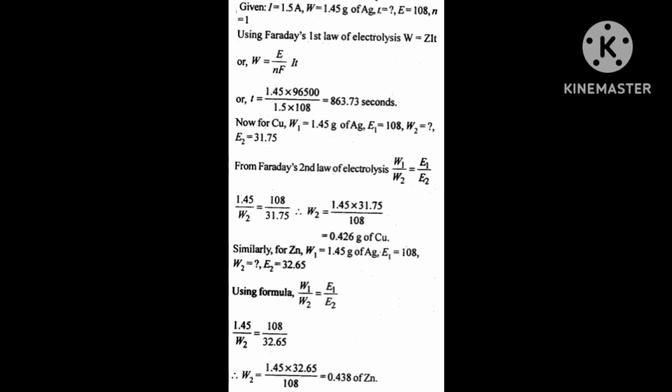Then 2SO4 will give H2O8, because 2SO4 is there. Just to balance it, S will become 2S, 2SO4 means H2S2O8. You will get S2O8 2 minus, and it will release 2 electron, because actually each sulfate ion has 2 negative. Then 2SO4 means 4 negative.